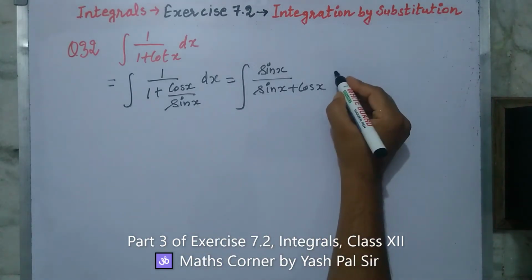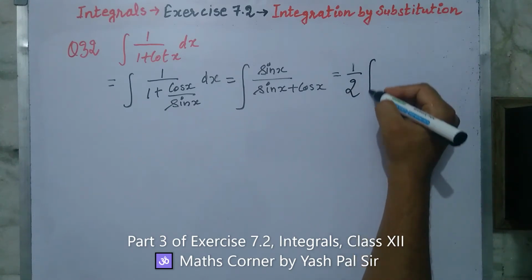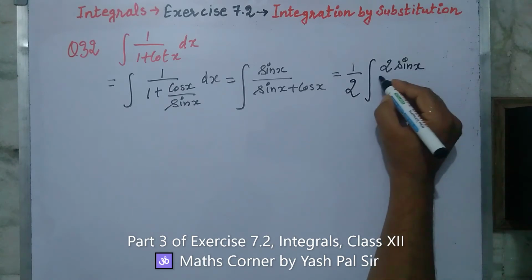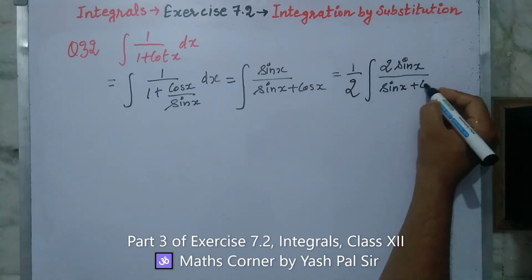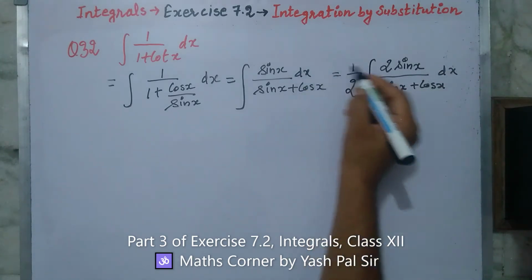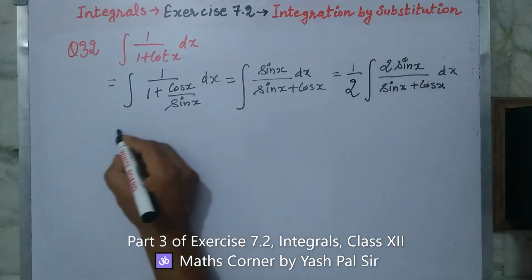This is equal to 1 upon 2 into 2 sin x upon sin x plus cos x dx. We here divided by 2 and multiplied by 2. Why this?